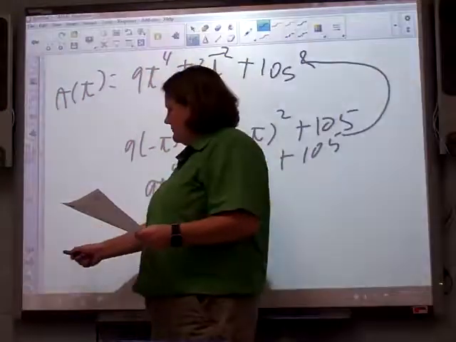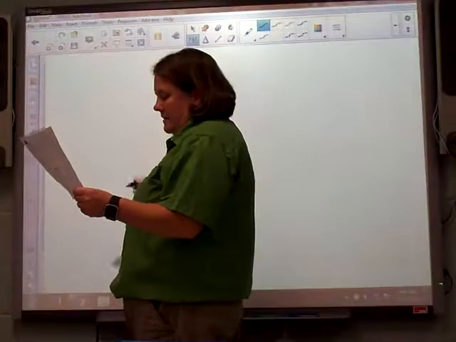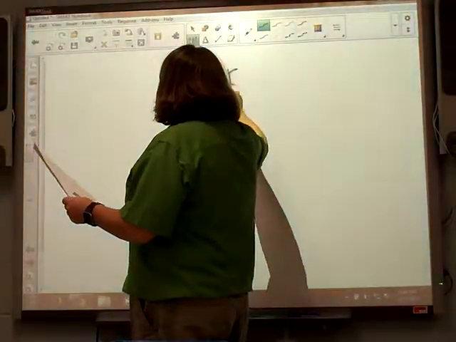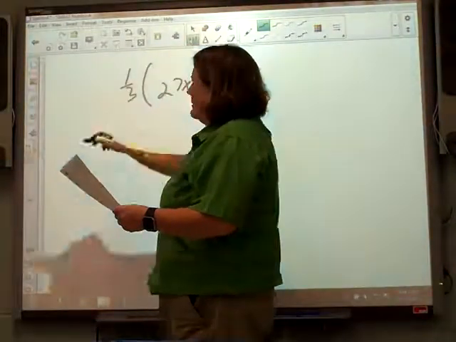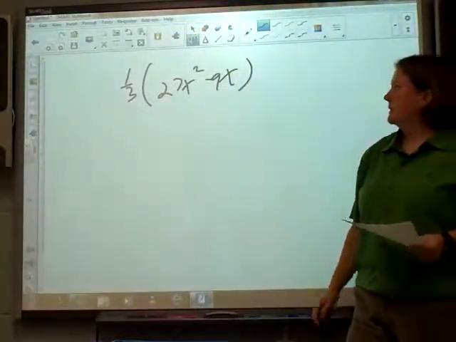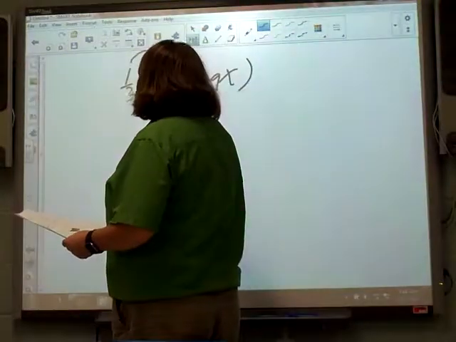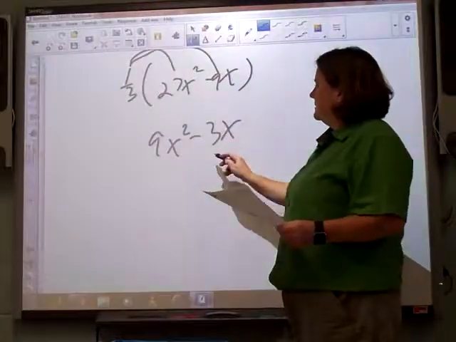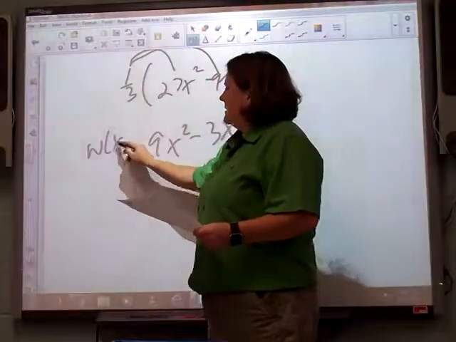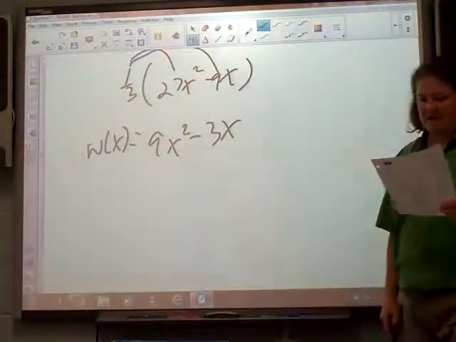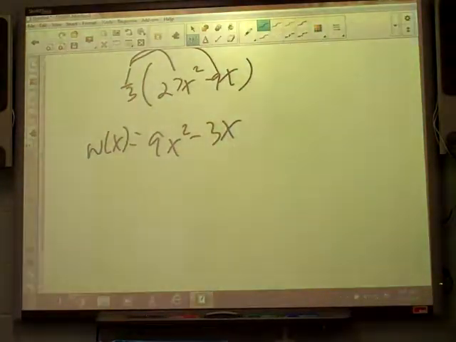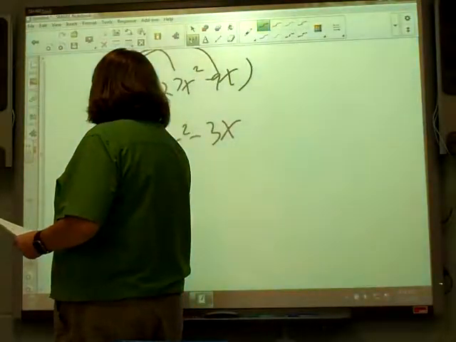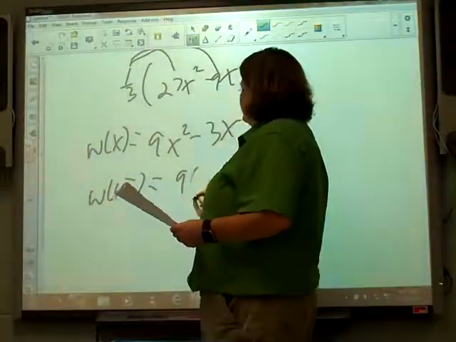Okay, it says that w is 1/3 of v. So I'm going to take v and find what 1/3 of that would be. So 1/3 of 27 and 1/3 of 9x. So there's my new w of x. That's my first answer. Then the second answer, it says find w of 15. So for w of 15, I'm just going to plug 15s in.